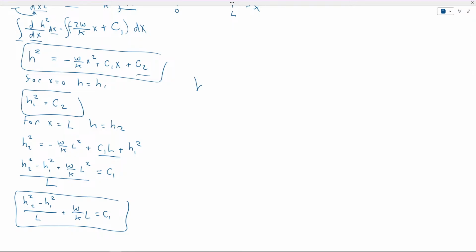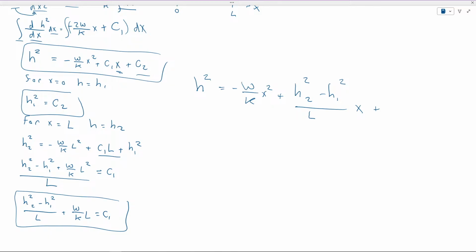So I can say H2 negative WK x squared plus C1, which is this here. That's like H2 minus H1 over L times X, because this is times X here.